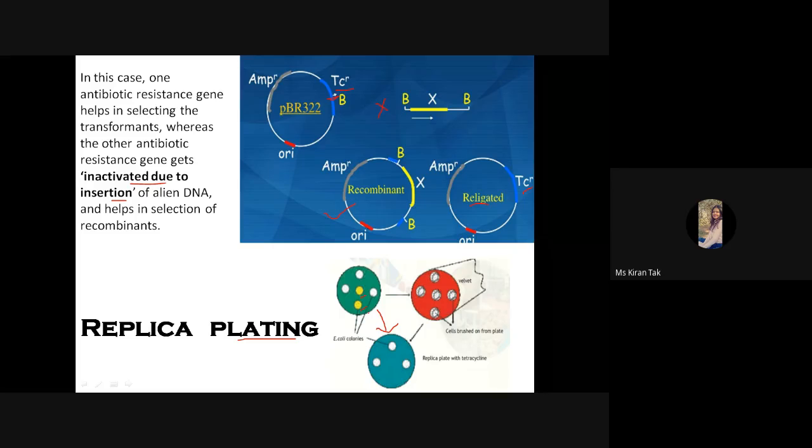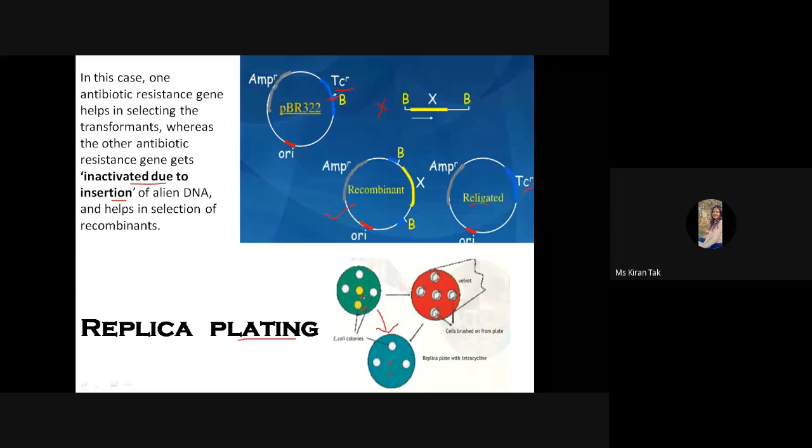As we know that both these colonies have the plasmid that has our gene of interest, they are now sensitive to tetracycline, and they will not grow on this plate. So with the help of replica plating with the velvet, we can choose that these two colonies are our desired colonies from the other colonies.